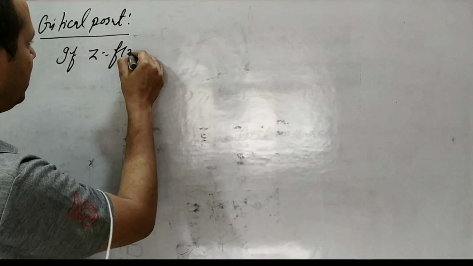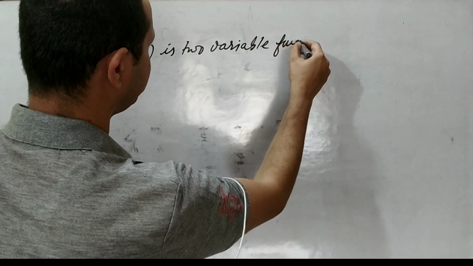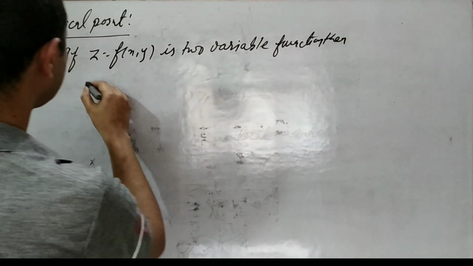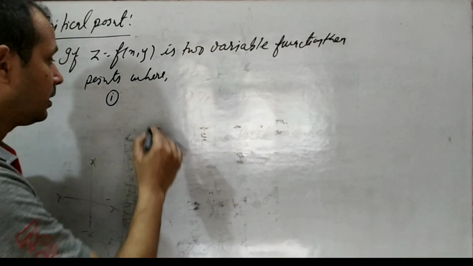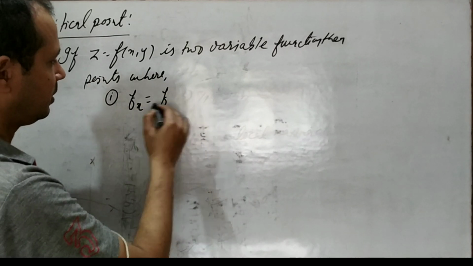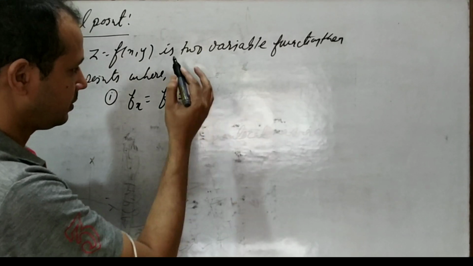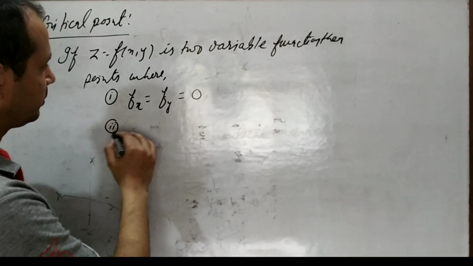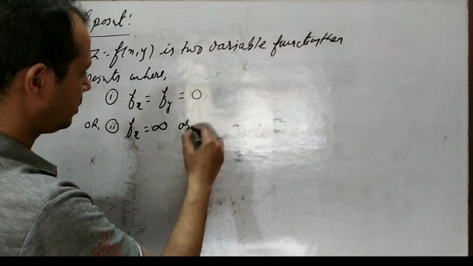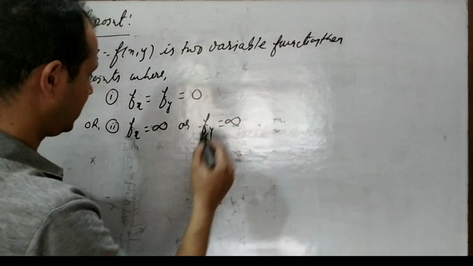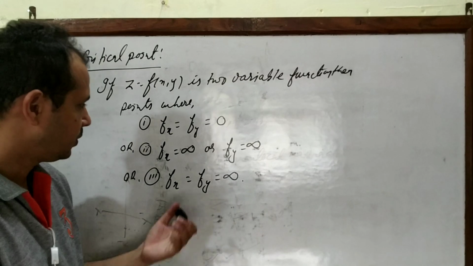If z equal to f of x y is a two variable function, then the points where, number one, the partial derivative with respect to x and the partial derivative with respect to y are both 0, or second, the partial derivative with respect to x is not defined, or the partial derivative with respect to y is not defined, or third, both are not defined. So it will be more clear from an example.